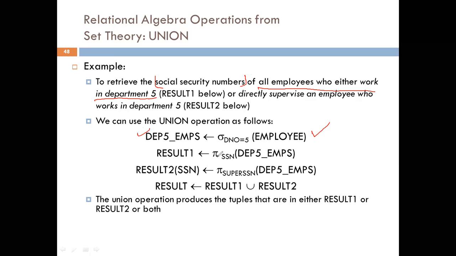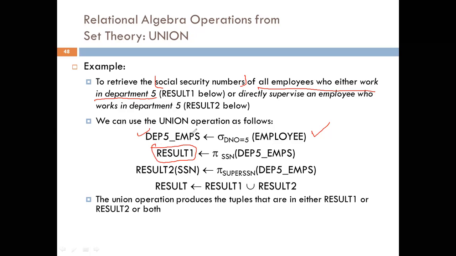So we will apply the project operation, which will extract the attributes. We project only SSN from this temporary result that we have stored here. Now result 1 contains all the employee SSNs who are working in department number 5, which forms the first part of the query.